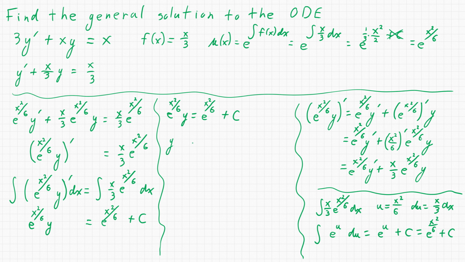So we'll end up with just y of x equals e to the negative x squared over 6 times e to the positive x squared over 6, which cancels to 1. And we'll end up with plus c times e to the negative x squared over 6. That was a little nasty, but we got to the end and everything worked out.